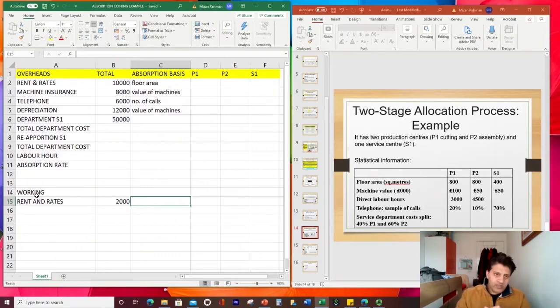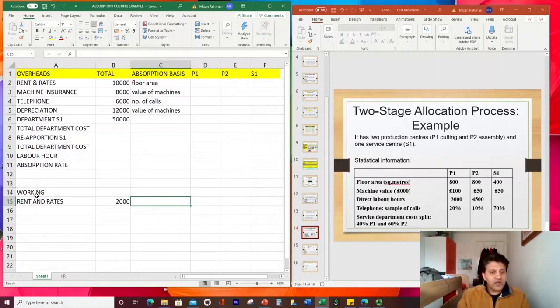Now we need to prorate it. Prorate means we take the space taken by P1 and divide it by the total area, which gives the percentage or proportion of the area occupied by P1. Then we multiply that by the total value of rent and rates and we get our result. I'll show you the formula here.